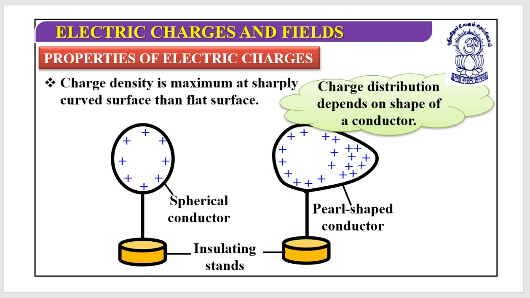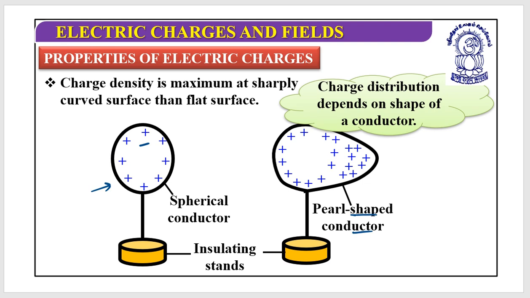When we say that a charge is distributed on a surface, what do we understand by this? So let us suppose we have taken two different shapes of conductor. One is a spherical conductor, and another is a pear-shaped conductor. What is the prime difference between these two?